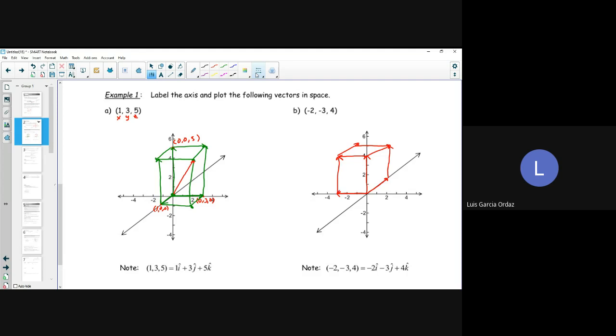Again, negative 2 units into my x-axis, and 3 units into my y-axis, and 4 units up into my z-axis. And then my resultant vector from the origin is going to go to this corner over here.